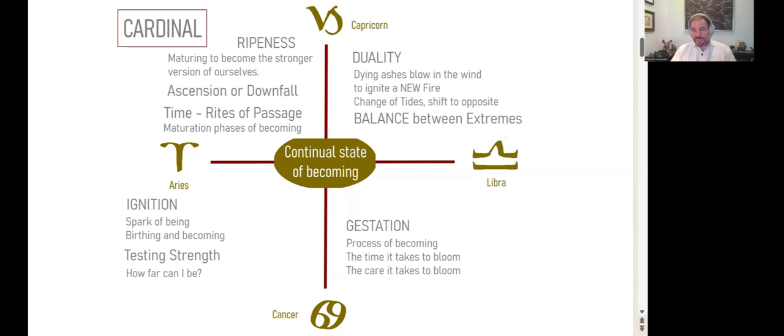Now you look at the signs we talked about, but also the houses. If you have transits, or if you have many planets in the angular houses, 1, 4, 7, 10, this can also apply. Now, when you have, for example, Mars, which is the ruler of Aries, go through a retrograde phase, which will happen later this year, Mars retrograde is often just that.